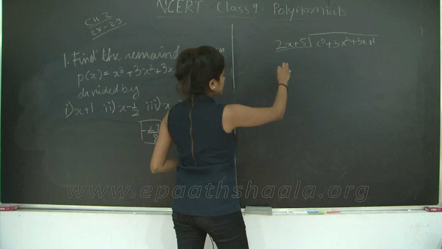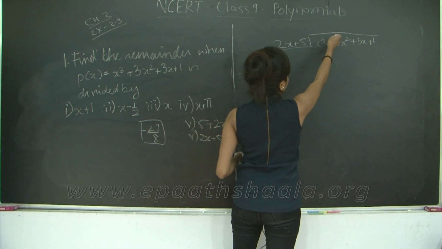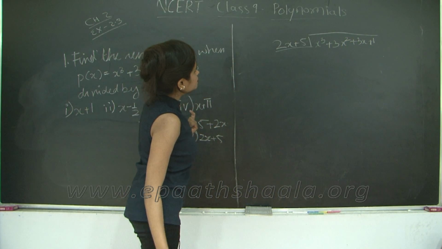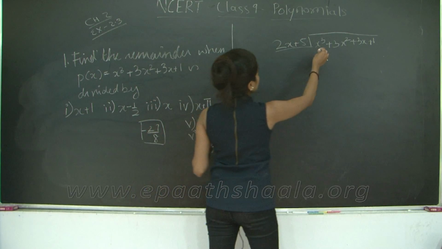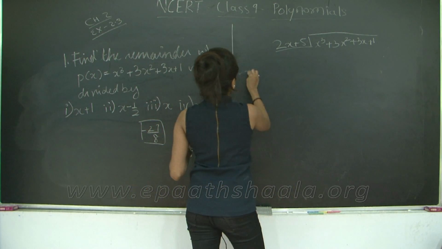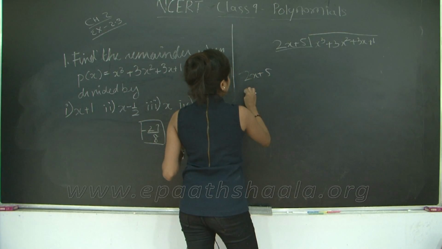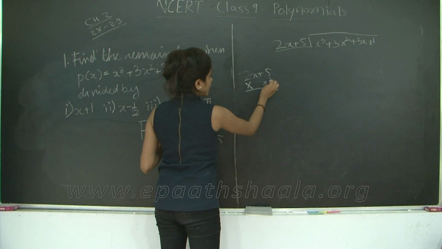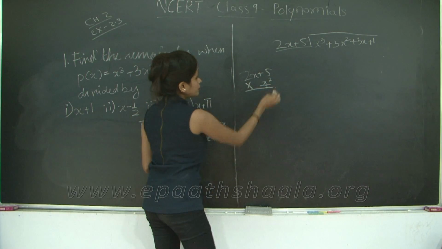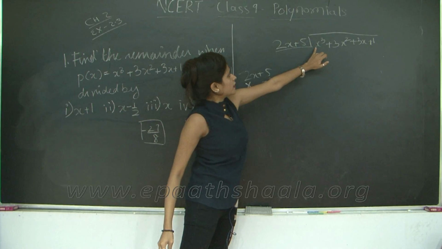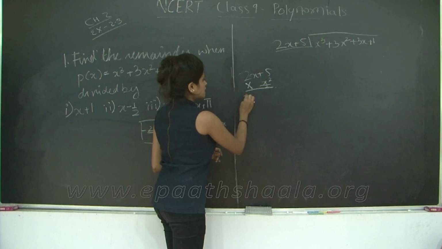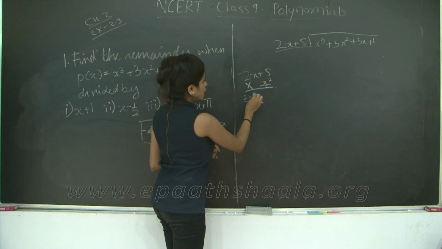So what are you going to multiply 2x plus 5 with in order to get x cube plus 3x square? First of all, we need x cube, so x square divided by 2. x square divided by 2 into 2x is going to give me 2x cube upon 2.